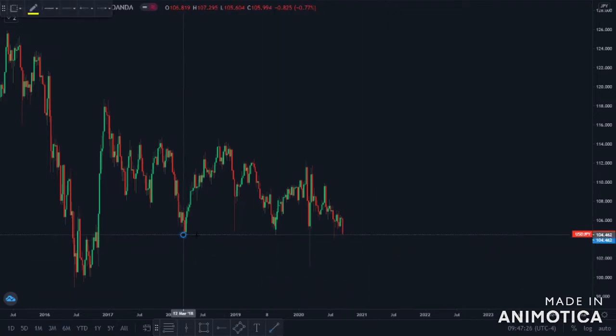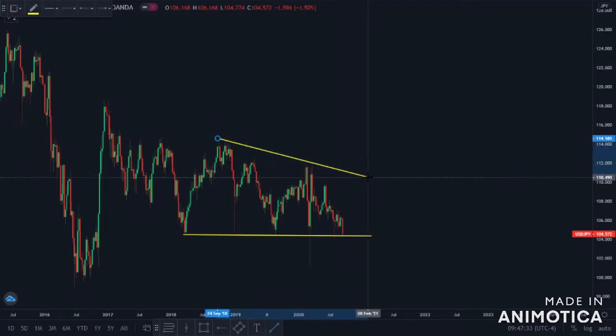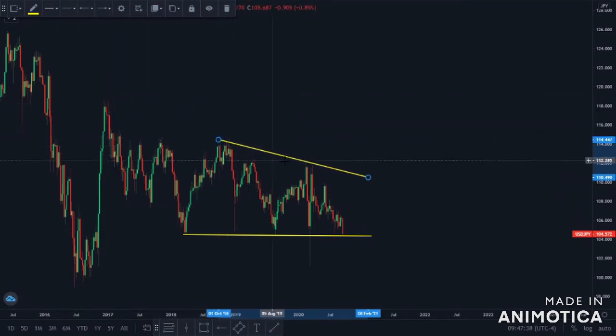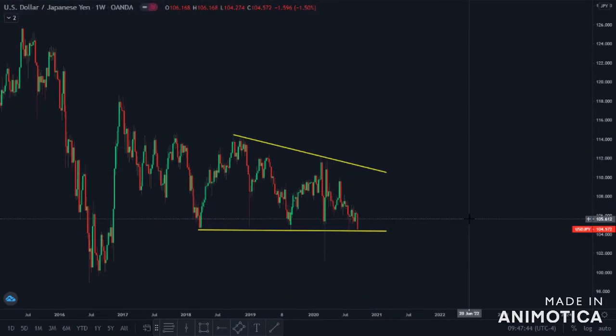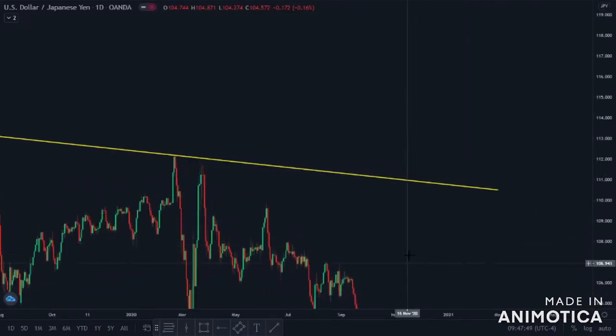Alright, so I'm just gonna outline the structure right here. I could take it from there, but I want to use my recent structure, which is this high and this high. Okay, so now that we have our weekly outer structure, let's just get down to the daily time frame.